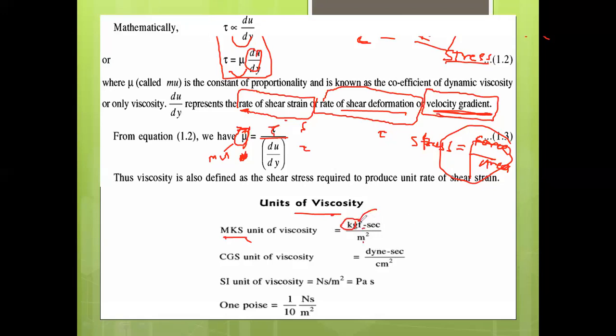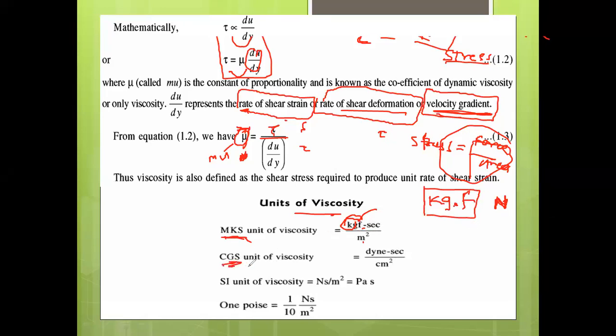Okay, in the MKS system the force is measured in the unit kgf. In the SI system, the unit of force is Newton, right? In the SI system we measure force in Newton, but in the MKS system, the unit of force is kgf. Okay, kg of force, right? So this kgf second per meter square is the MKS unit.